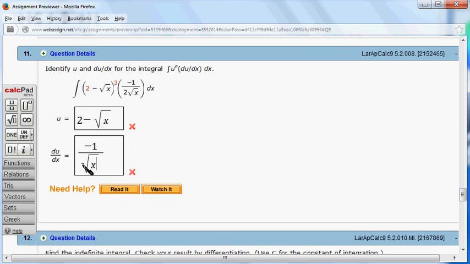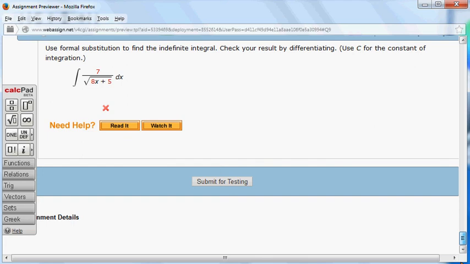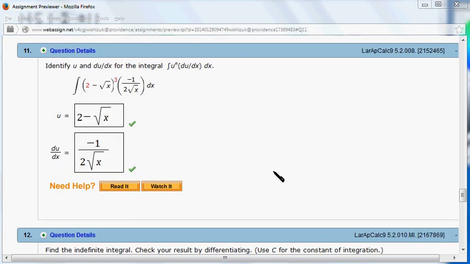Actually, I forgot the 2 there. Oops. Let me squeeze in the 2. Right, 2. Let's check. Submit for testing. All right, it came back and it looks like we got these correct. That's it. I hope that this was clear.